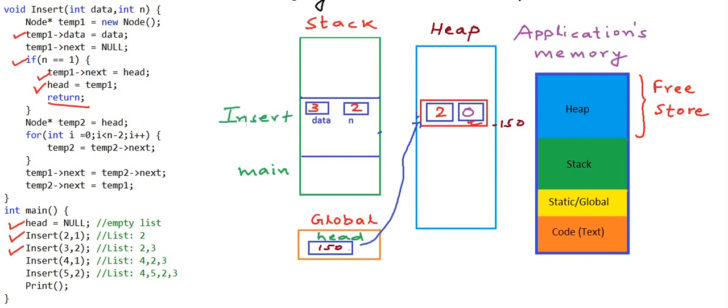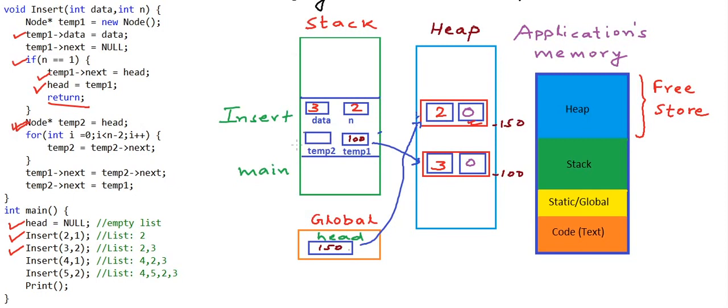Now once again in this call, we create a new node. We keep the address initially in this temporary variable temp1. Let's say we get this node at address 100 this time. Now n is not equal to 1, so we will move on to create another temporary variable temp2. Now we are not creating a new node and storing the address in temp2 here.